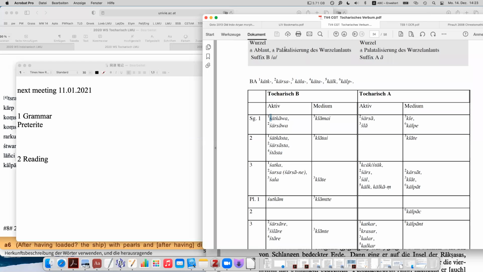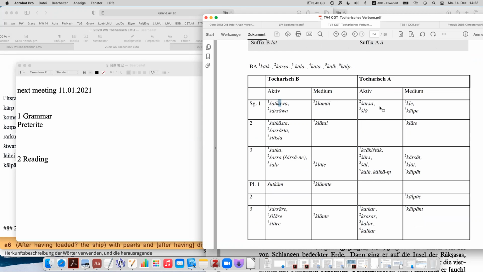First we have a palatalization of the root onset, the first consonant, with umlaut. And then you have a suffix A here. So this is what you find in the description here. You have umlaut sometimes, and then you have the palatalization.